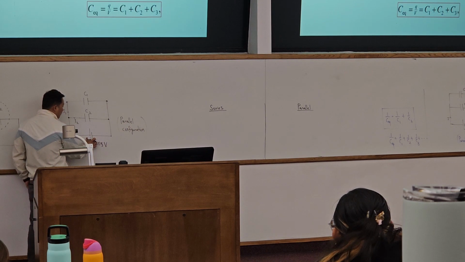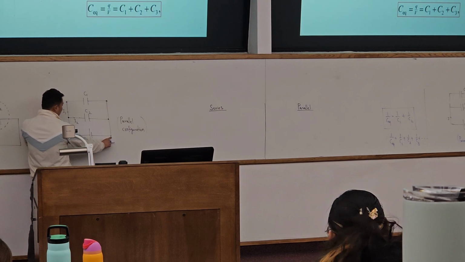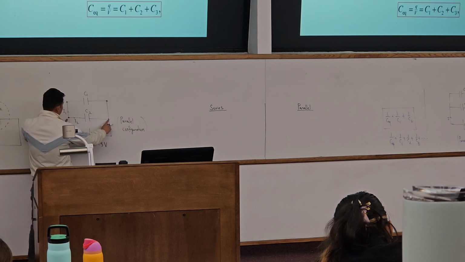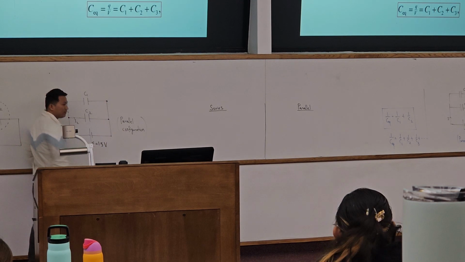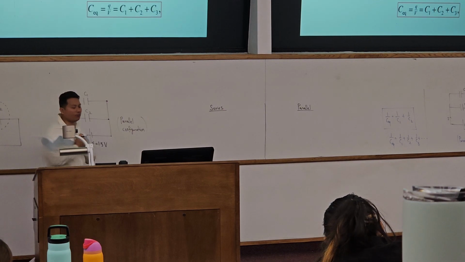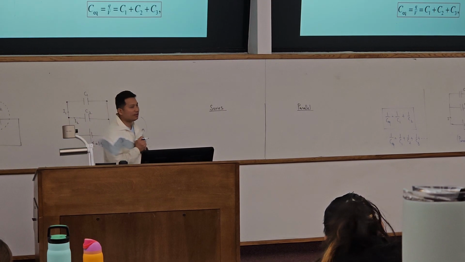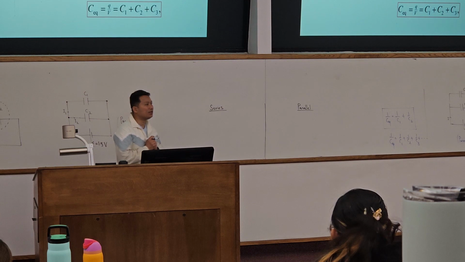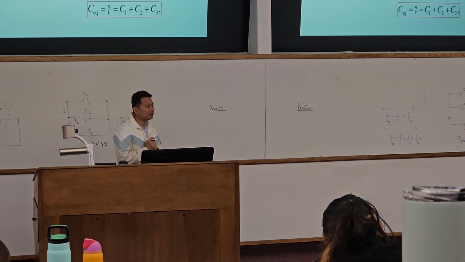If this is 1.5 volt, this is going to be 1.5 volt, this is also 1.5 volt, and this is also going to be 1.5 volt. So the potential across the capacitor is the same in the parallel configuration.